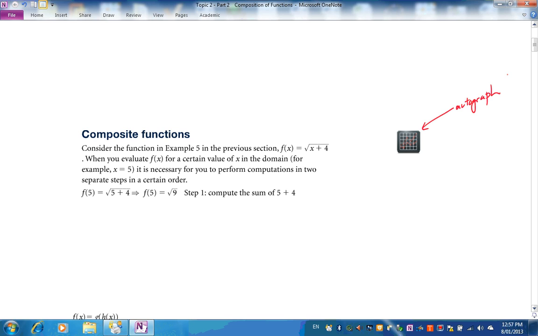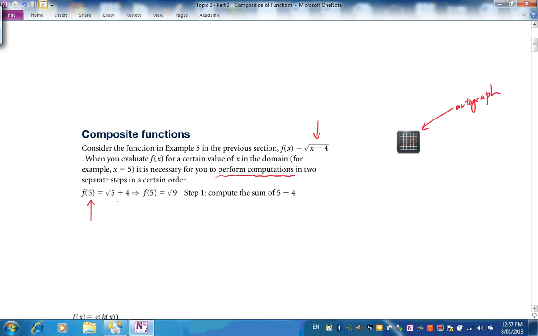Now for this composite function, we're going to choose the one I mentioned before, this little dude here. Why is it a composite function? Well, you have to actually perform two computations to work out the value of the function when x is 5.